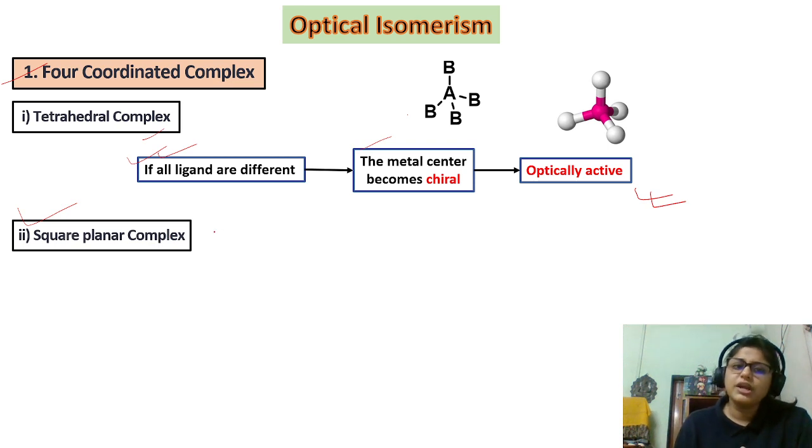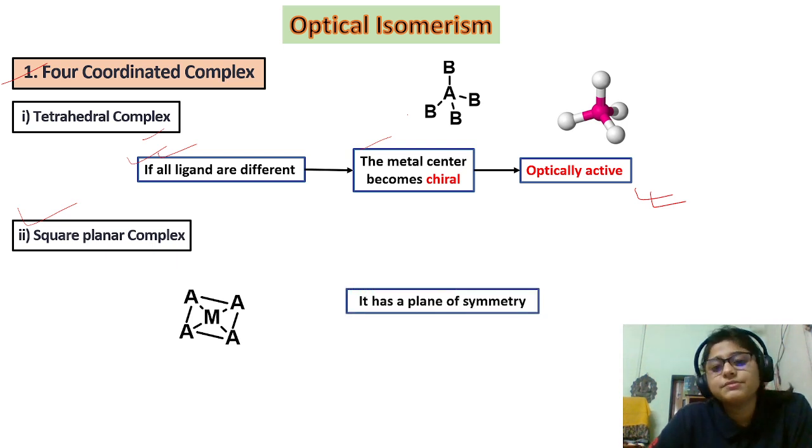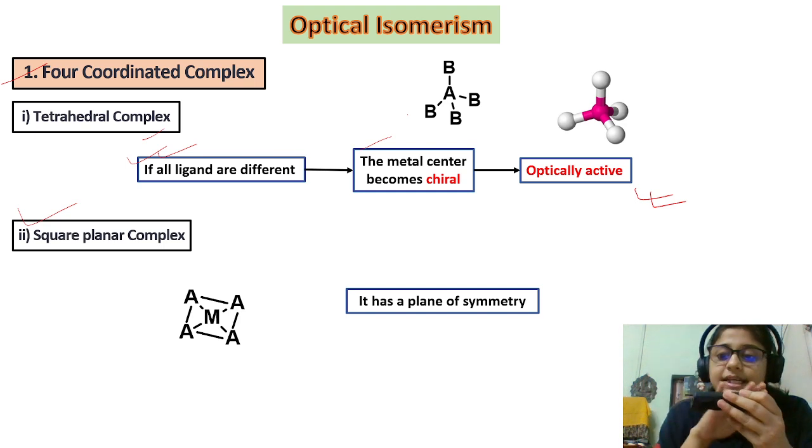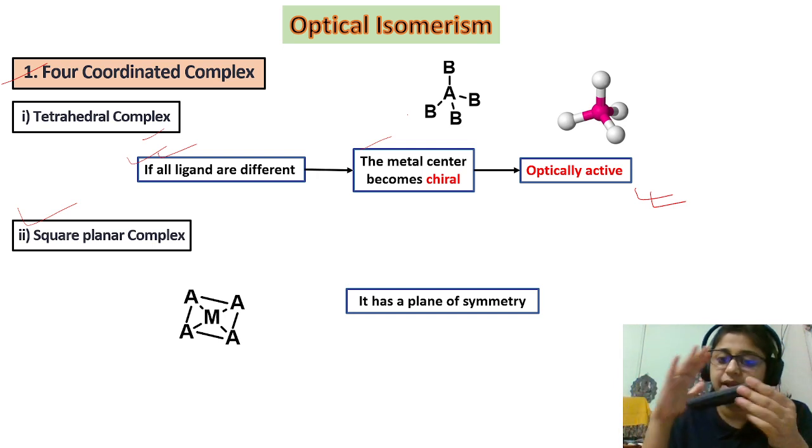Now coming to the square planar complex, what will happen? This is a square planar complex. It has a plane of symmetry. How? Let's take this whole molecule. Imagine it like the whole molecule. So this is a plane, right?